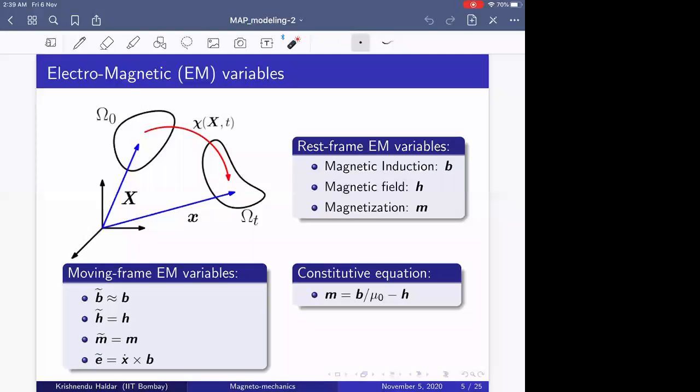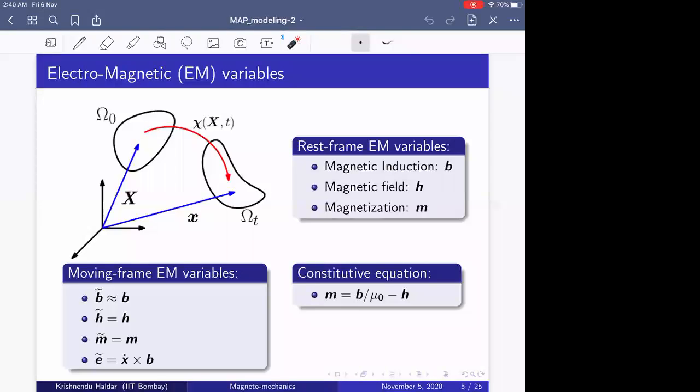Most of the capital letters are used for the field variables at t equal to 0, or in the reference configuration, and you have this deformation map chi. At time t you have the deformed configuration, where the particle at point p moves to point p prime with this small x position vector.